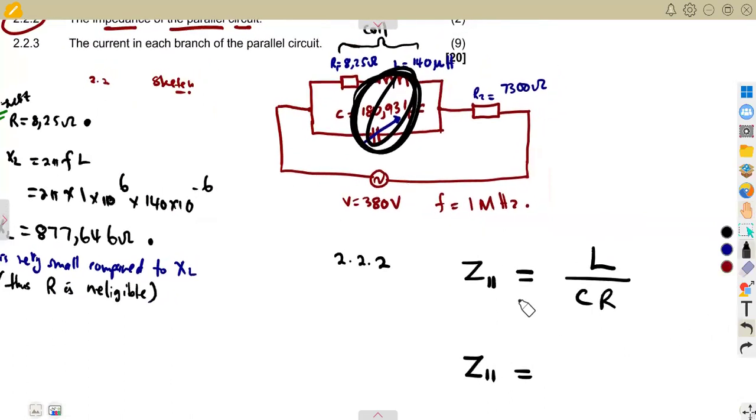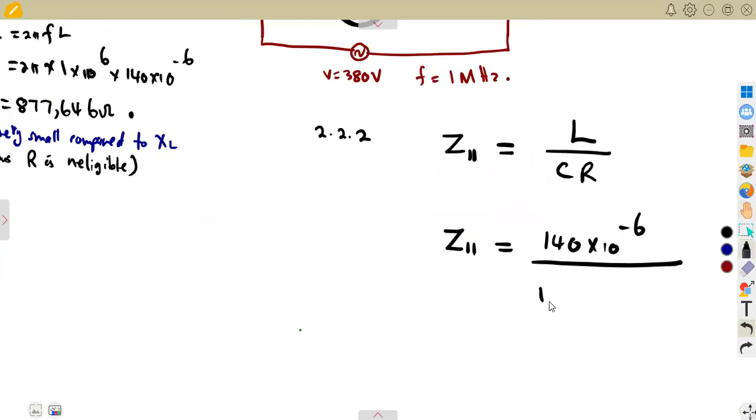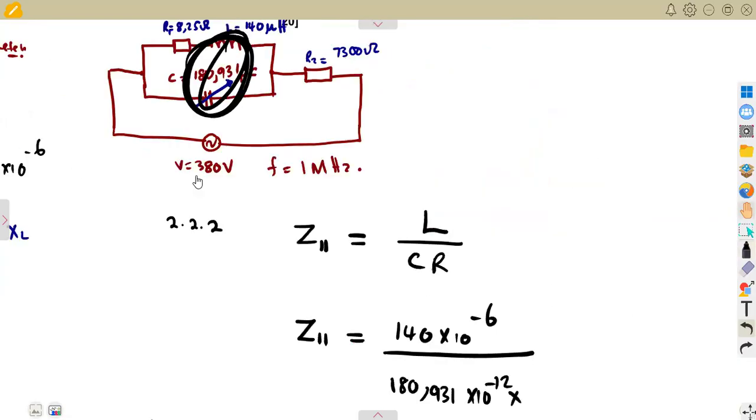Very sorry for that. But this is it. The inductance was 140 microhenries. Then we also have the capacitance, which was 180,931 times 10 to the exponent of minus 12, times the resistance, which is 8.25.